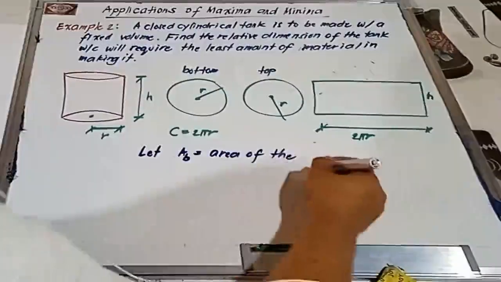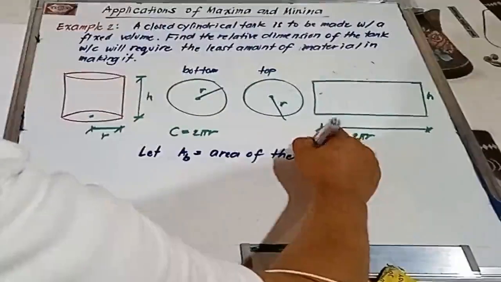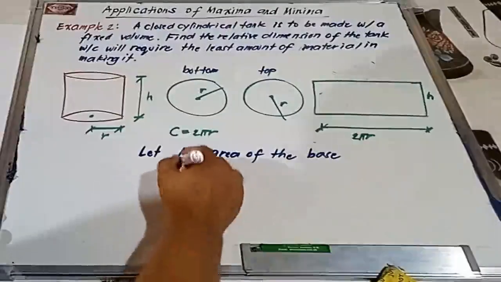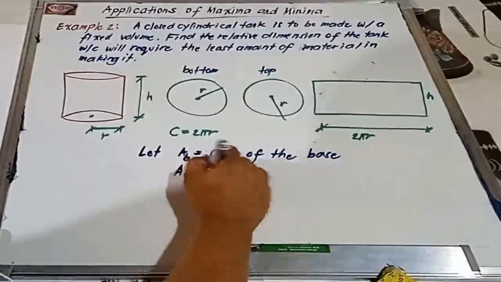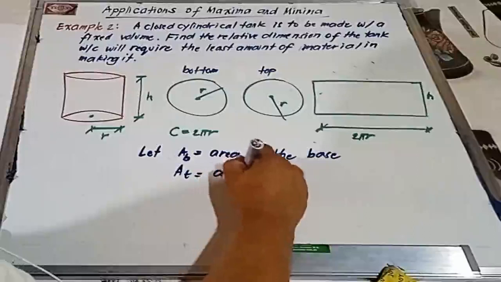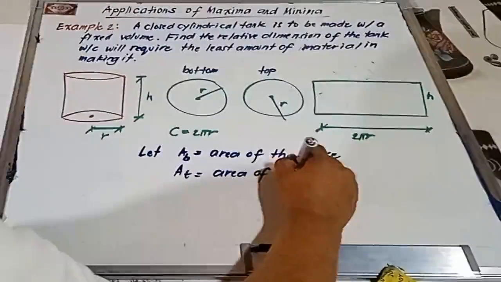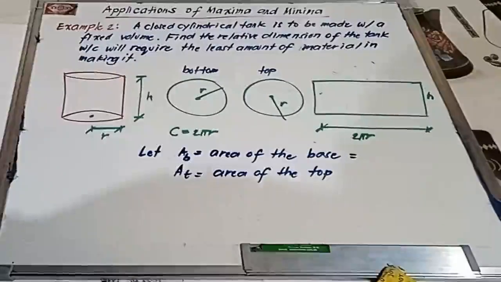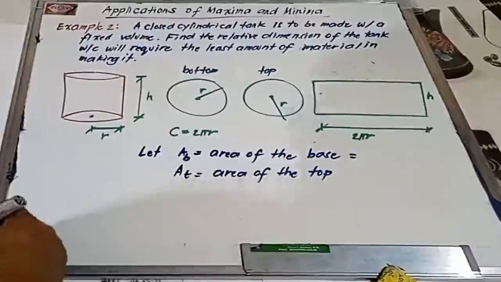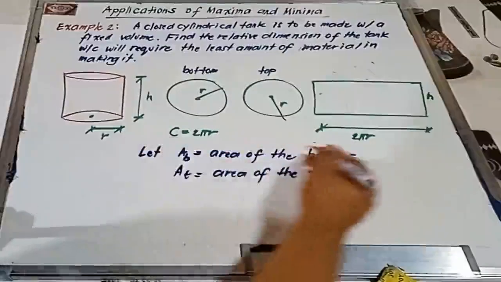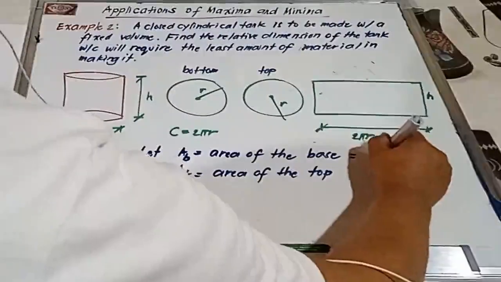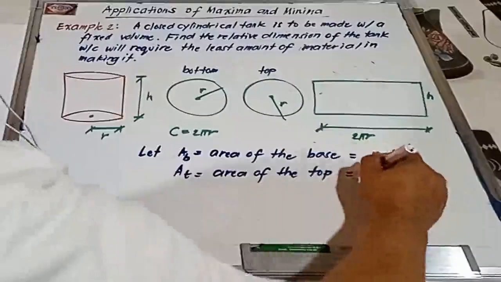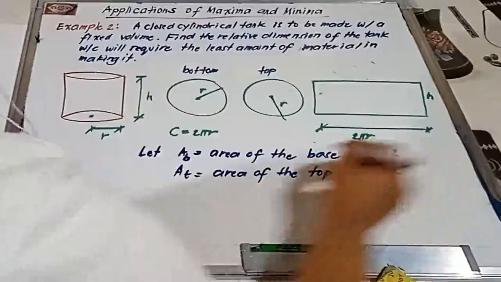Okay? Area of the base, o circular base. And then, A sub T, sabihin natin itong area of the top. Anong area ng base? Ay di circle siya, pi r squared. Anong area ng top? Ganun din, pi r squared.